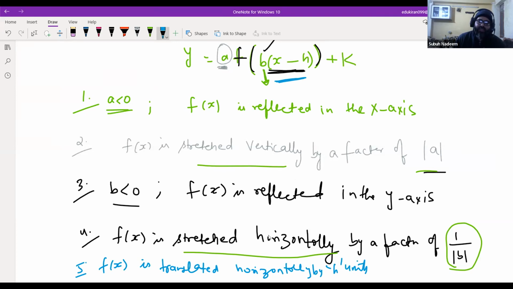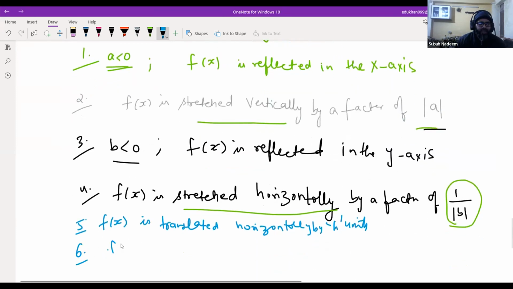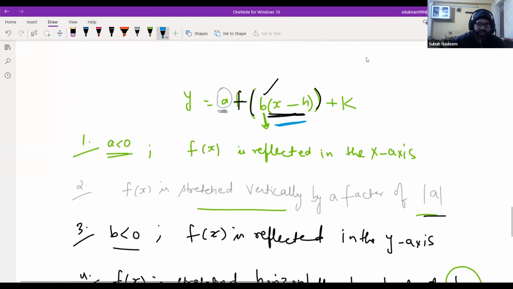If h is negative, then it is left. Then the last one, f(x) is translated vertically, that is upward, by k units. Here we are adding k, so it will go up. And if k is negative, then it will go down.